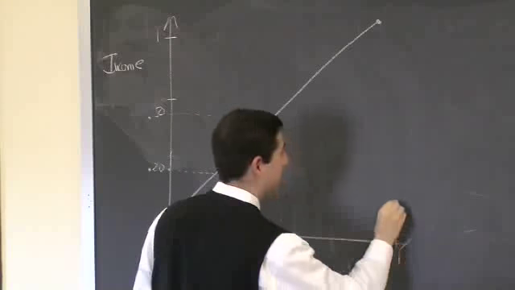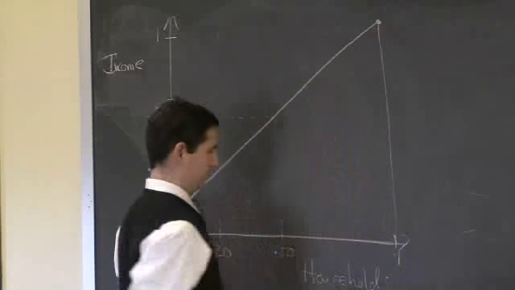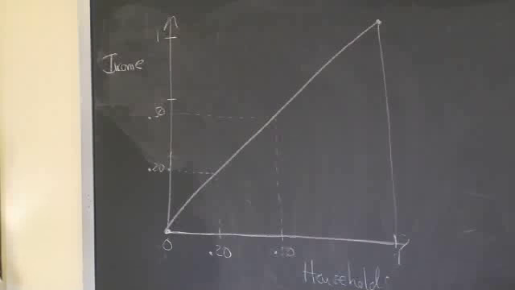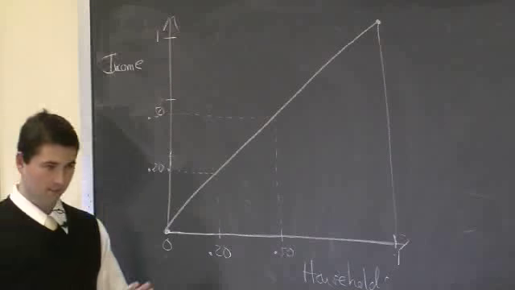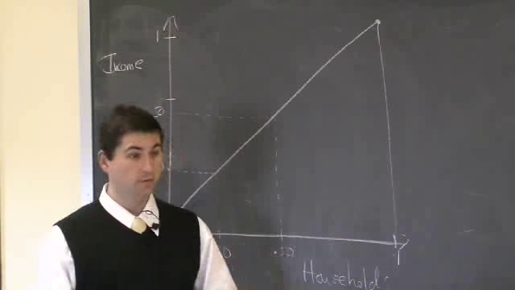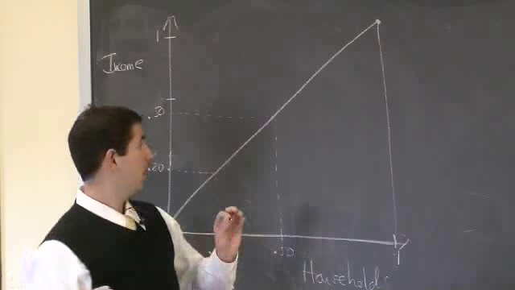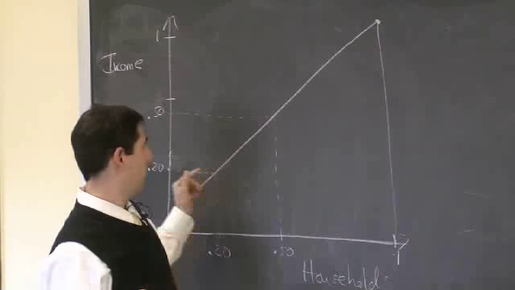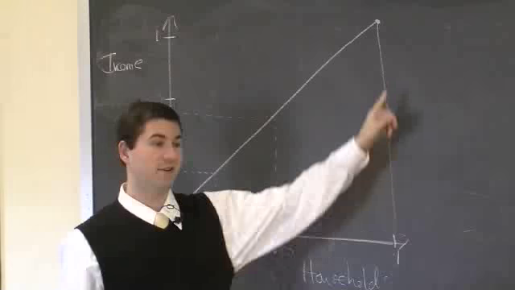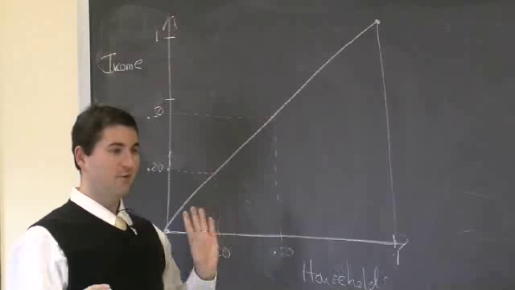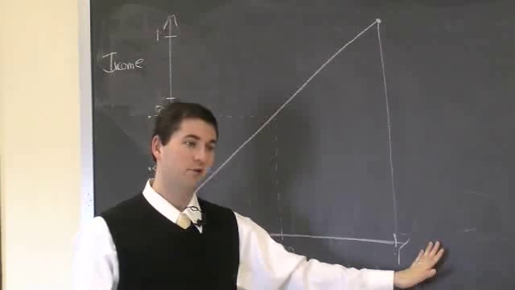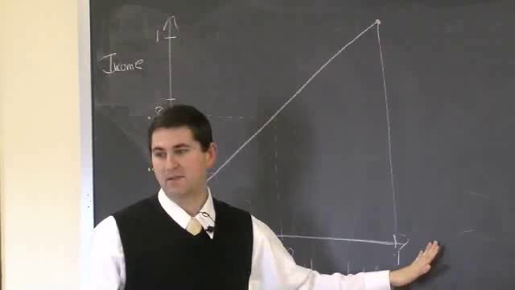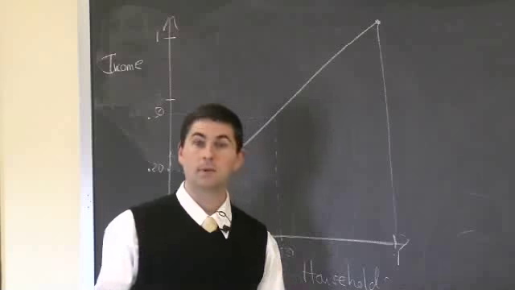That would be bad. Now, I think I can say without proof that we are not in either of those two situations. It is certainly not the case that there's only one person with income, and it is also certainly not the case that everybody makes the same amount of money.